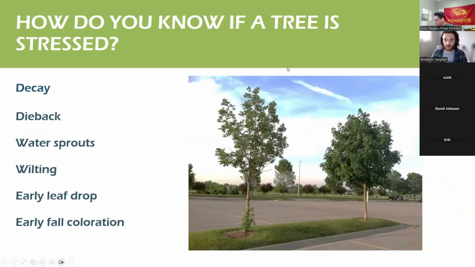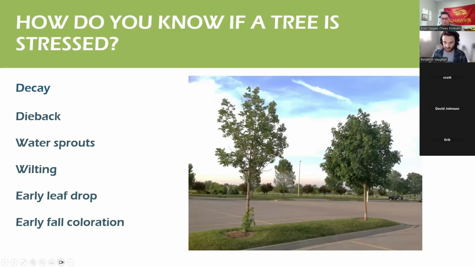So, how do you know if a tree is stressed? There's decay, which would be a more far-gone symptom. If you see rotting wood in the trunk or within a branch. Dieback would be like we see in the top left of this tree here, where some of the branches are not leafing out.